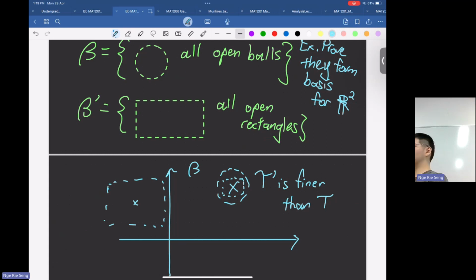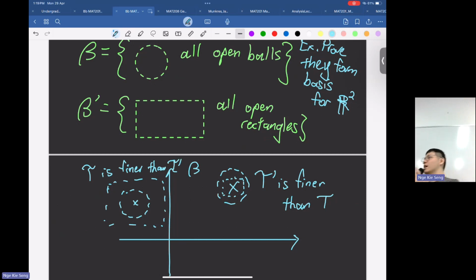You ask yourself, does there exist a basis element from B that contains this point and lies inside the open rectangle? Yes, right. You just make your radius smaller than the edge of your rectangle. Then we will say that T is finer than T prime. So they are really equal.